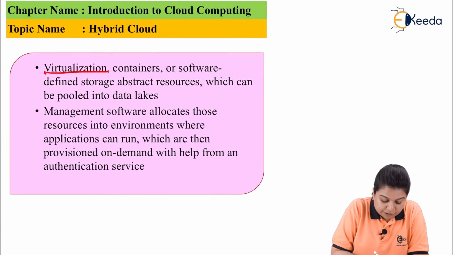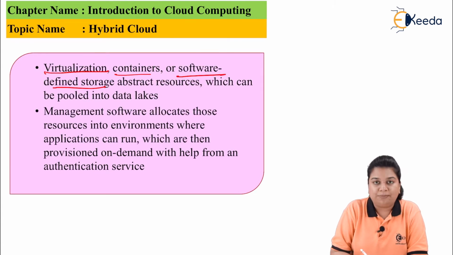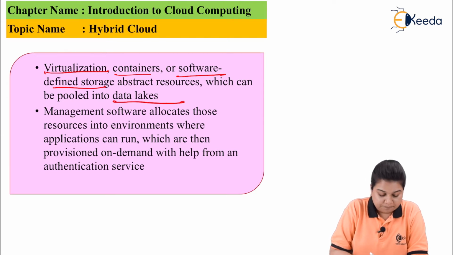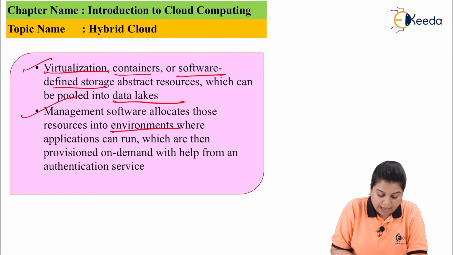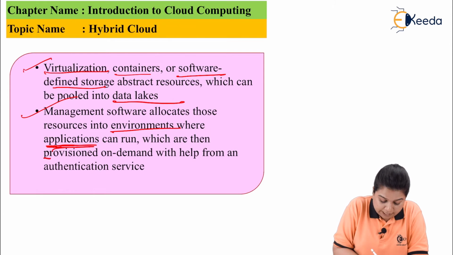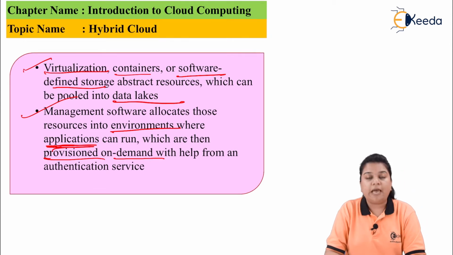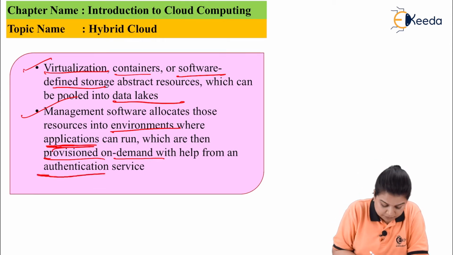Next is virtualization, containers or software defined storage, which abstract resources that can be pooled into data lakes. Next, management software allocates those resources into environments where applications can run, which are then provisioned on demand with the help of an authentication service.